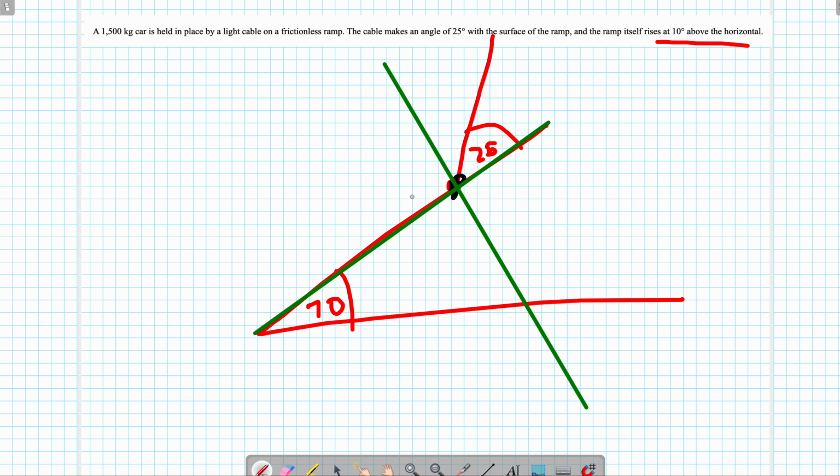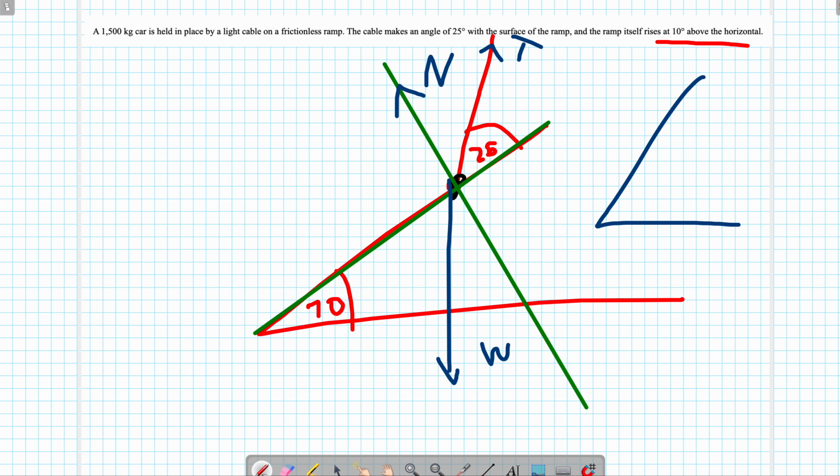So now we're gonna have the normal, of course. Wait, not in green. Let's make it blue. We're gonna have the normal here, tension here, and weight downwards. And we don't have friction, so these are the only forces. But we're gonna need to project the tension. This is 25.